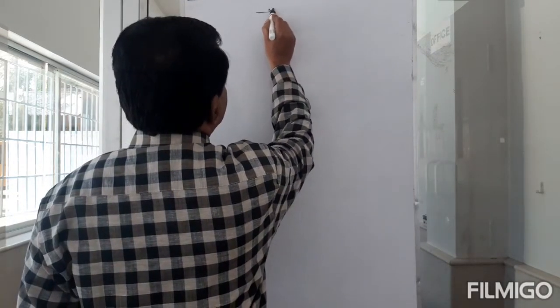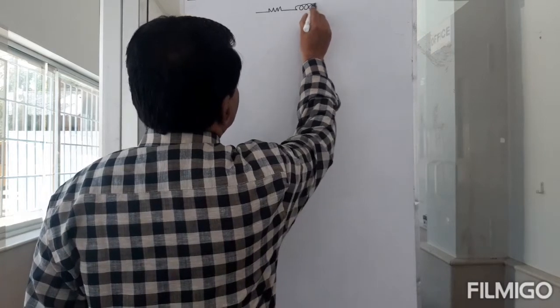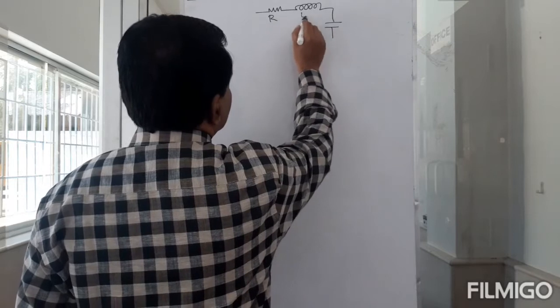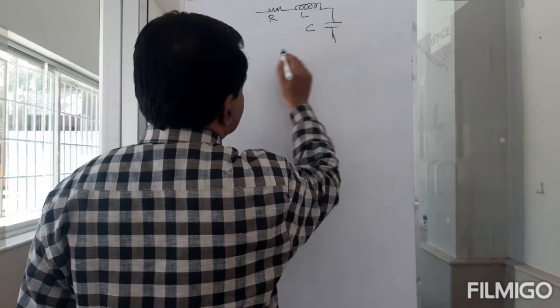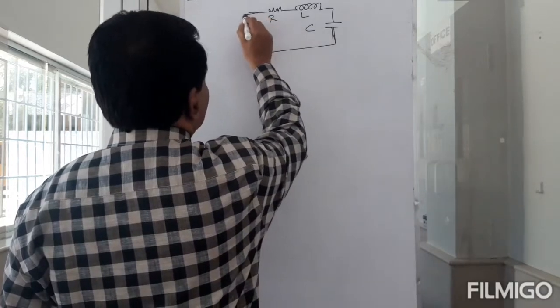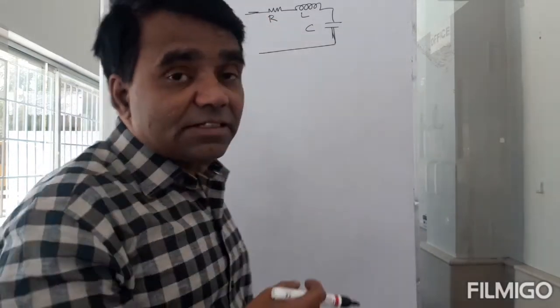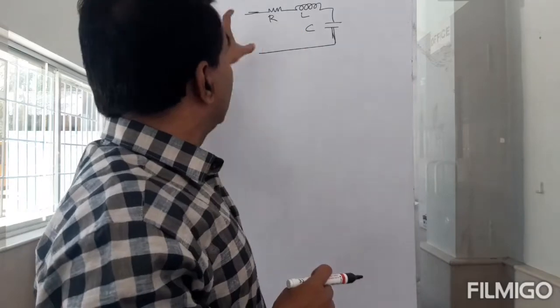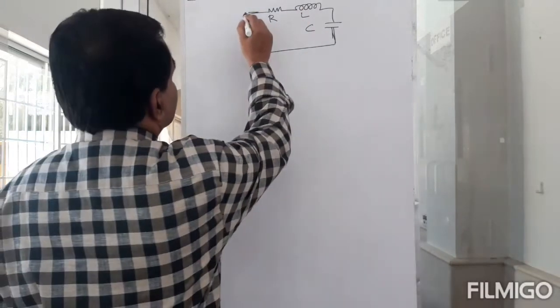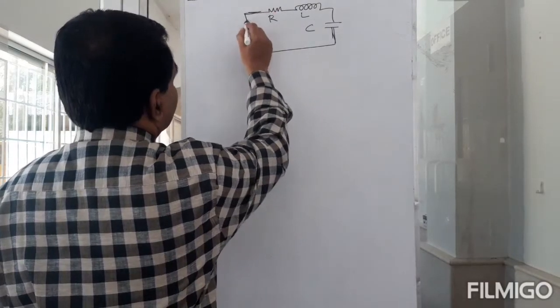So you have a resistor, and then an inductor, and also a capacitor. So you have R, you have L, and then C. This is what you have here. Okay? And what you need now? You need a source to drive this. Correct? Okay. Here you are going to have an antenna.